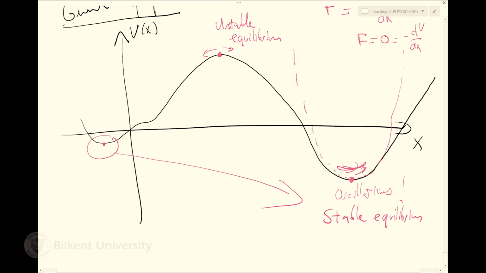So it's like 1/2 kx squared. There is an effective spring constant coming in. And that is my harmonic approximation. So essentially, that's why these small oscillations are important. Around any stable equilibrium point, there are small oscillations.